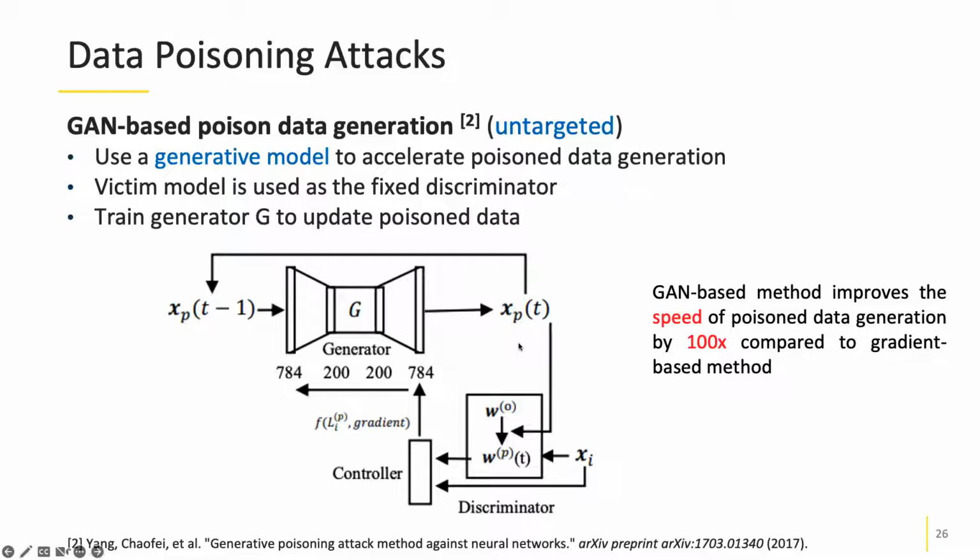Compared to a baseline poison data generation method that uses a gradient descent-based method, the game-based approach is shown to be faster in generating poison samples while achieving the same level of attack success rate.